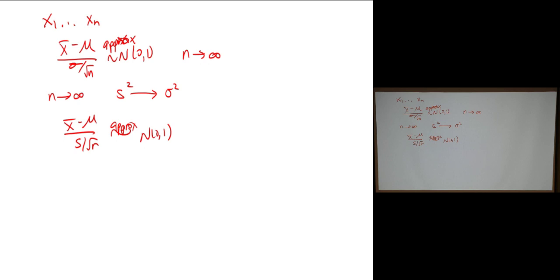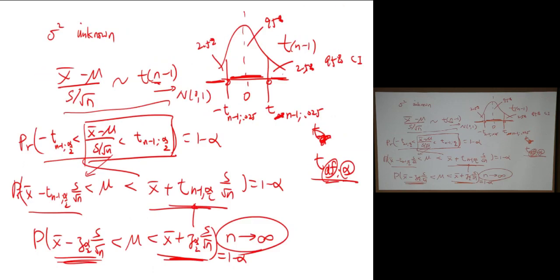Let me summarize it again. Our objective is to find a random interval to estimate mu. Start with the population: if the population follows a normal distribution, and sigma is known, then my confidence interval will be like this.